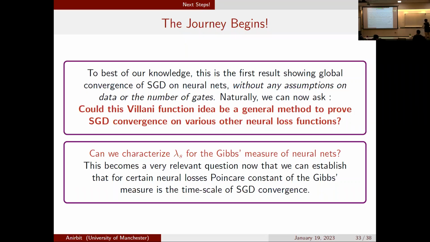What is the Poincare constant of the Gibbs measure of neural loss functions? This, I think, is a well-motivated question at this point, given the convergence results. And we would like to find that out. Then we can get much more interesting bounds on the runtime, etc. One of the most important implicit numbers in the convergence result is the Poincare constant, I would say. So computing that, or at least bounding it, is a very interesting challenge.